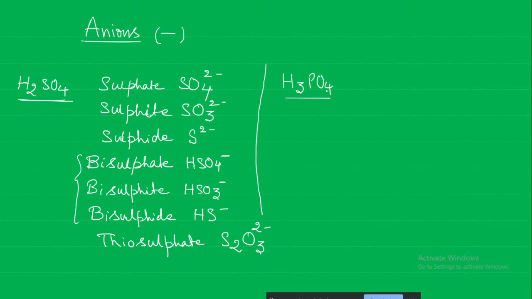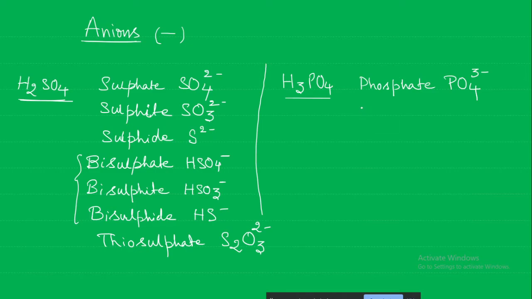Common acid of phosphorus, phosphoric acid. So therefore phosphate will be PO4, charge 3 minus. Okay, 3 hydrogens are there, you remove the 3 hydrogens, you get PO4 3 minus.